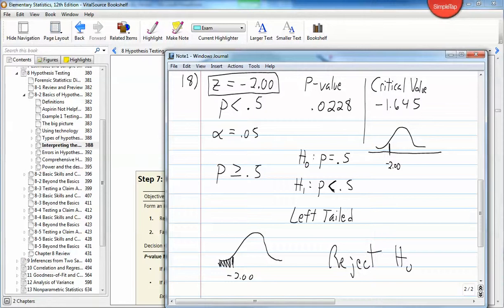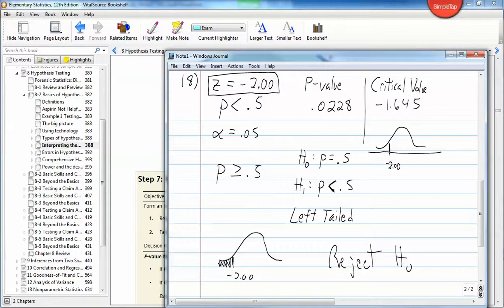Now, here's the test statistic. Here's the critical value. So, does the test statistic lie in the critical region? Or does the critical value lie in the test statistic?